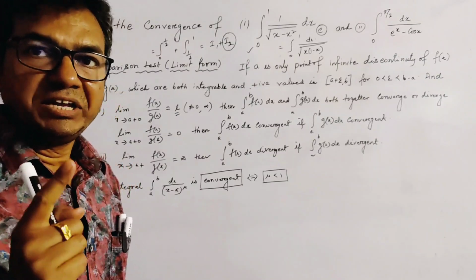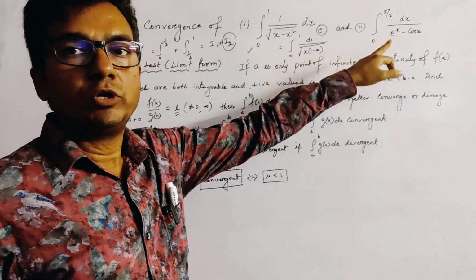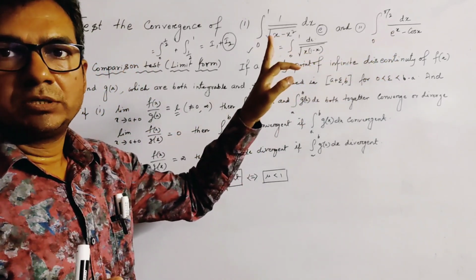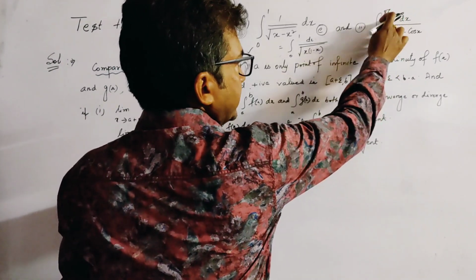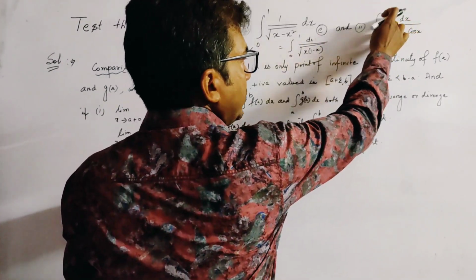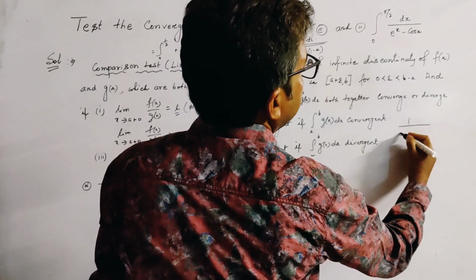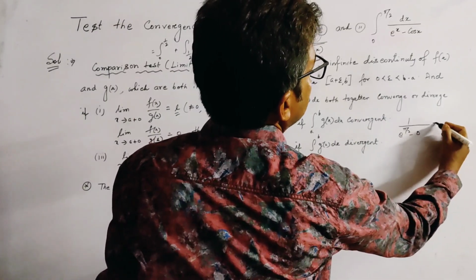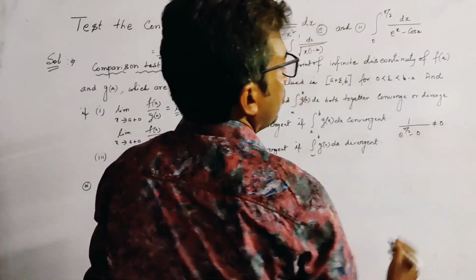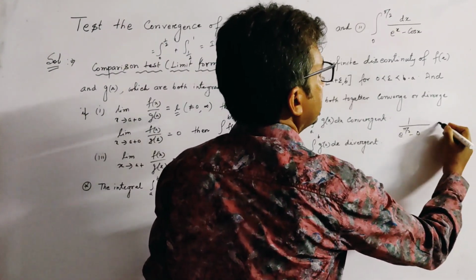For the second integral, 0 is the only point of infinite discontinuity. Why? Because at the upper range, that is at pi by 2, if we put pi by 2 here, we get e to the power pi by 2 minus cos pi by 2, which is not 0 and not undefined.